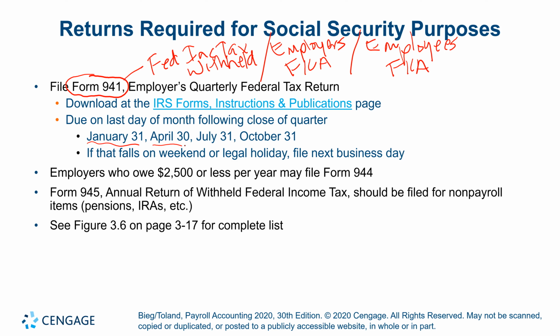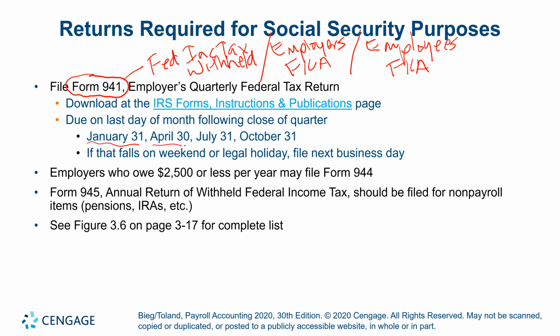If they owe $2,500 or less per year, then they can do the form 944, which is an annual form as opposed to a quarterly form. And then the form 945, annual return of withheld federal income tax, is required of employers to report income tax withheld from non-payroll payments. Pensions, IRAs, things like that.